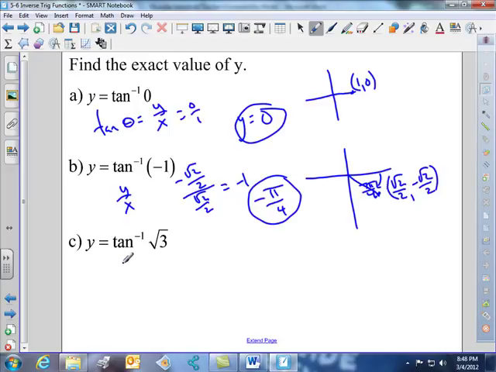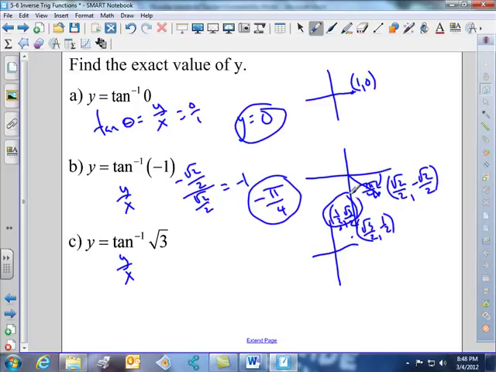Last, if you have this ratio supposed to be radical 3, well, if you take a look, we've actually got a couple of coordinates that involve the radical 3. This one right here is 1/2, radical 3 over 2, and this one down here is radical 3 over 2, 1/2. Now, we're looking for the ratio so that if we put the y value over the x value, that ratio ends up being just radical 3.